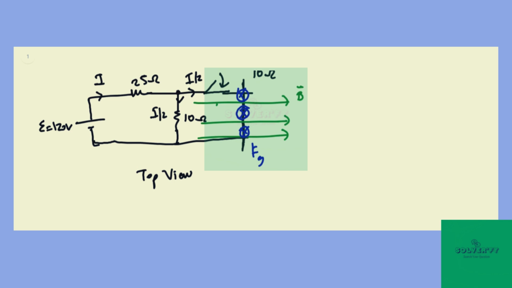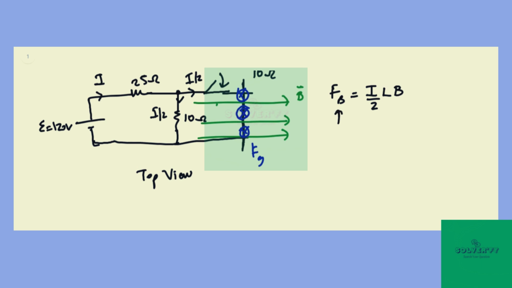As you can see, the direction of the current through the bar is down. So there is a magnetic force F sub B acting on this bar. The magnitude is I over 2 times LB, because of the junction rule.